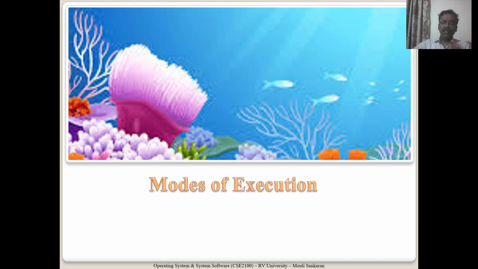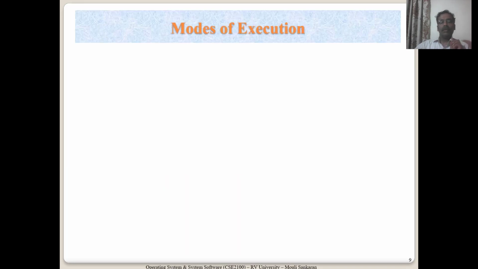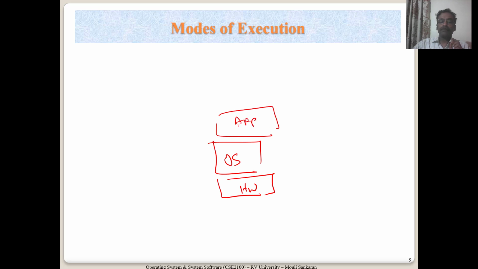Fine. Now let us look at the modes of execution. I told you many times that the OS is very, very critical software which is running on the hardware, and application software is on top of it. When the OS is running, it is a special software.